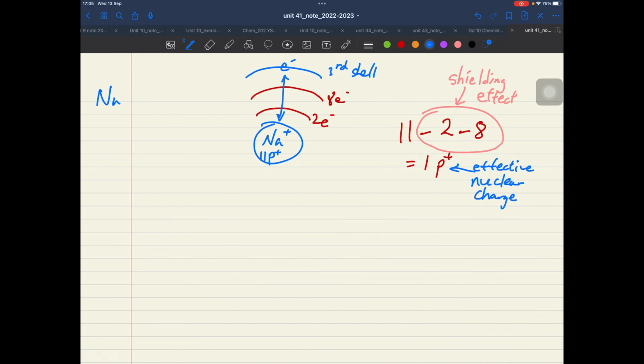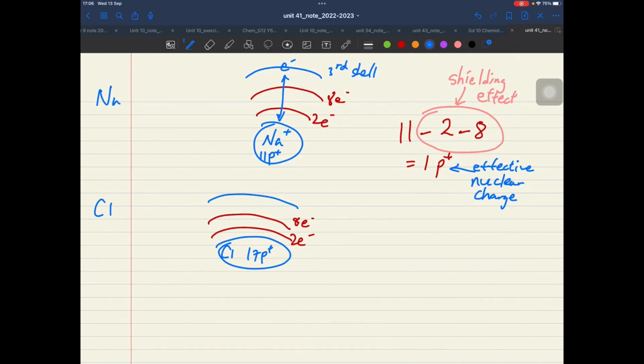Alright, so try to compare our study with chlorine. Chlorine doesn't have the 11 protons. Instead, it has 17 protons inside. And again, for the first shell, 2 electrons. Second one, 8 electrons. What about the third one? The third shell, we have 7. As I mentioned, the electrons on the left or on the right will not do anything in shielding.